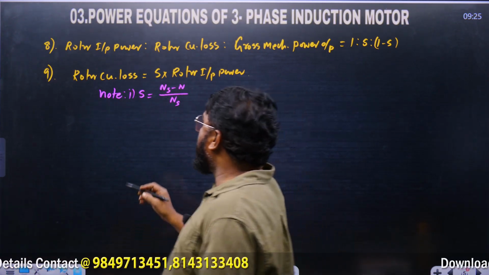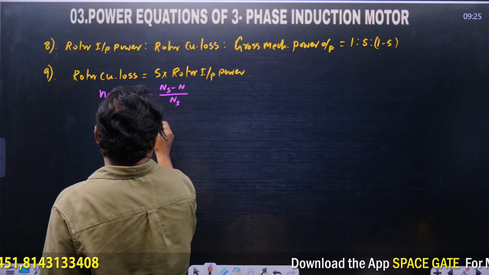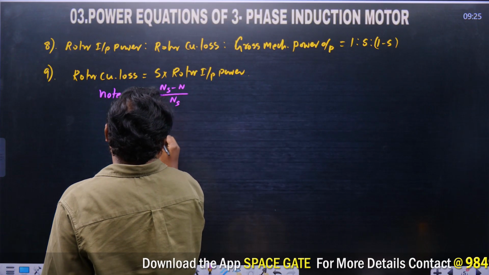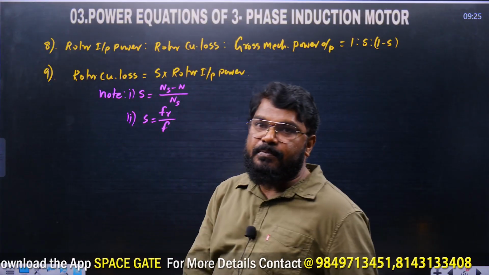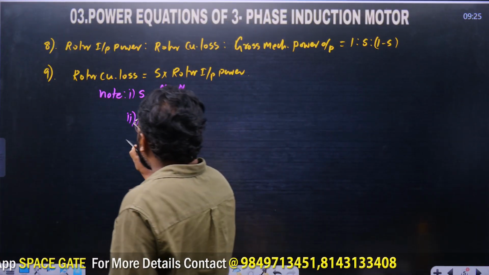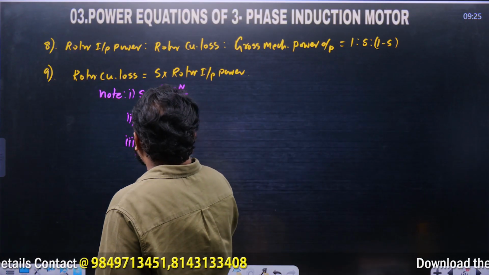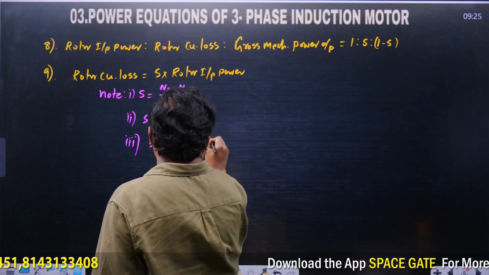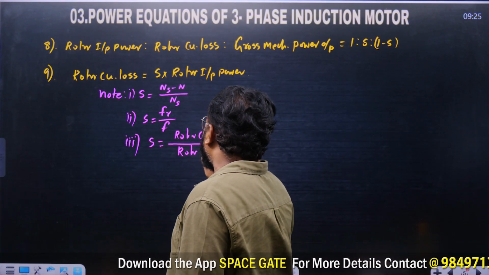There is one more formula: Fr is equal to S into F, so S is equal to Fr divided by F, the rotor frequency by the stator frequency. And one more formula: S is equal to the rotor copper loss divided by the rotor input power.